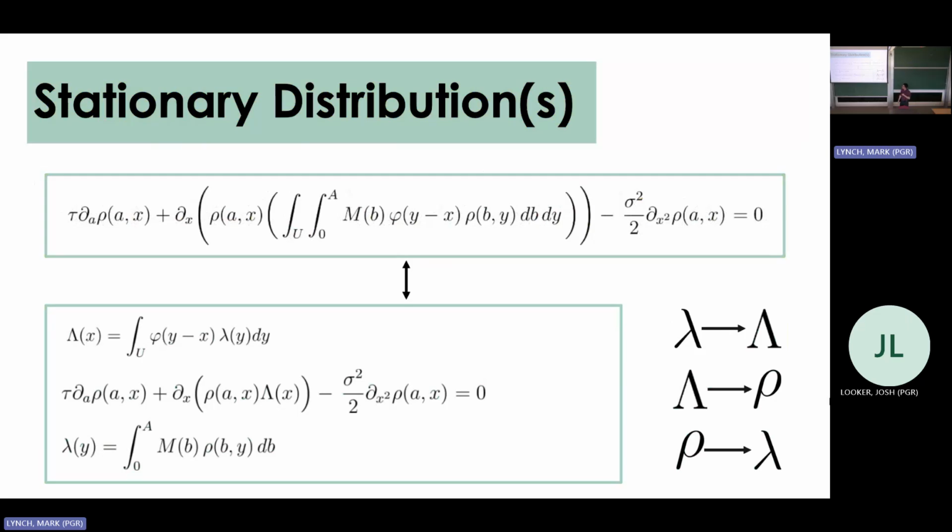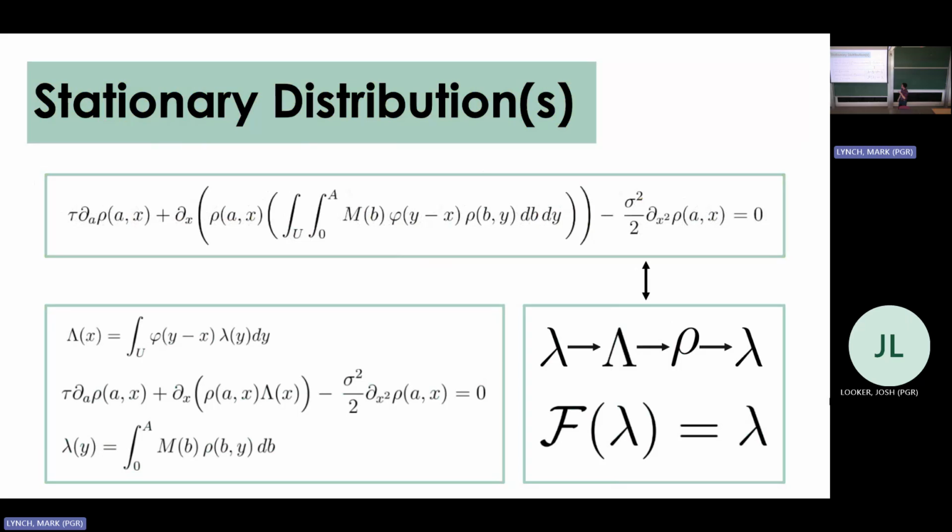We take our capital lambda and get a solution rho of the PDE, and then we take our solution rho, integrate against m, and get a little lambda. So we have this chain from little lambda to capital lambda to rho, and rho to little lambda. And if all three are satisfied at the same time, then we will end up back at the same thing.